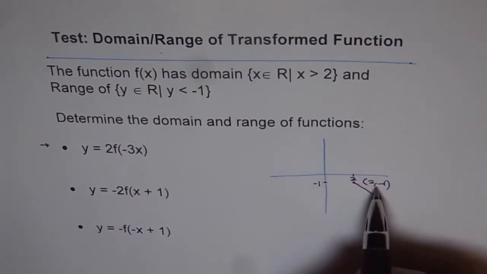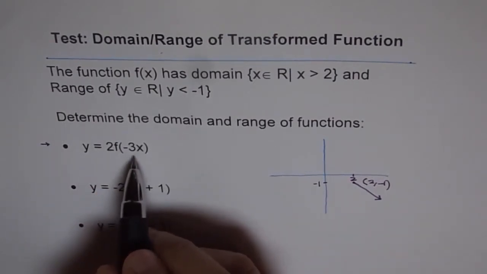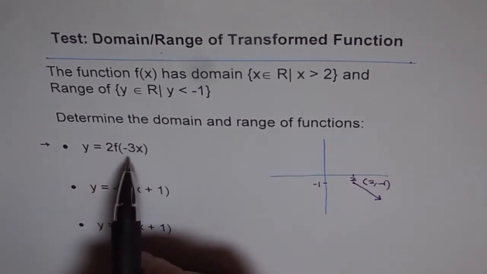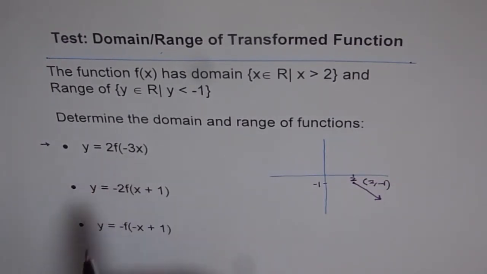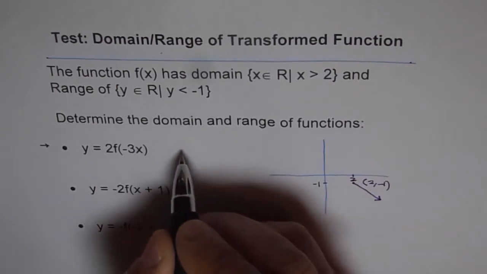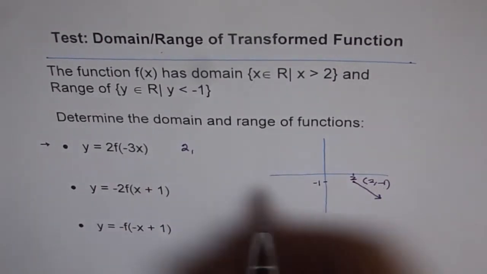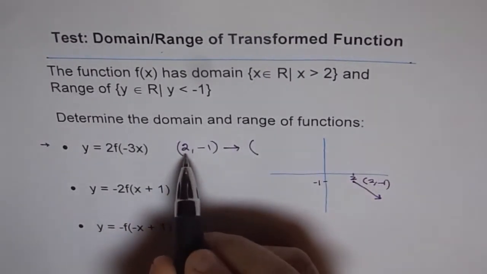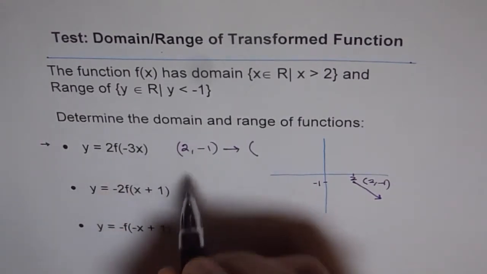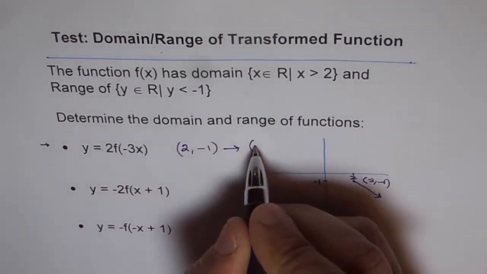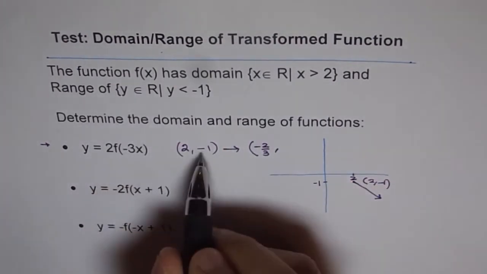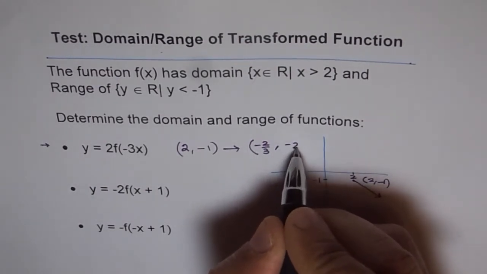The major point is (2, -1). How will this point get affected by this transformation? The y value gets multiplied by 2 and the x value gets multiplied by -1/3. So my transformed point, instead of (2, -1), becomes: the x value multiplied by -1/3 gives -2/3, and the y value multiplied by 2 gives -2. That is the first part.